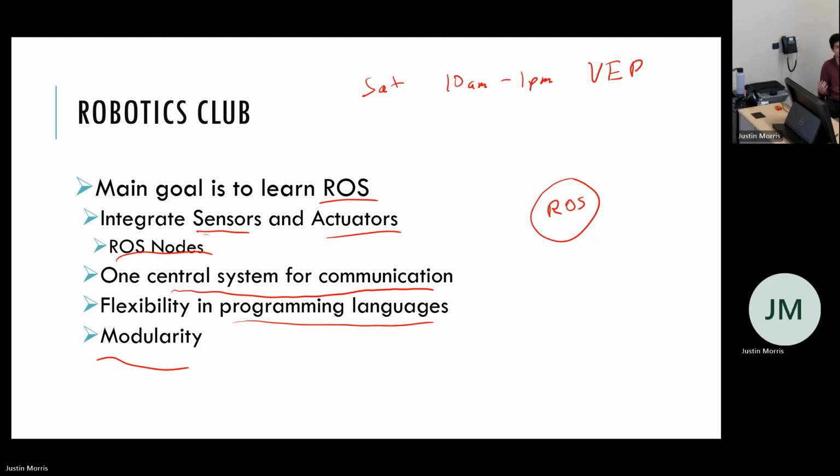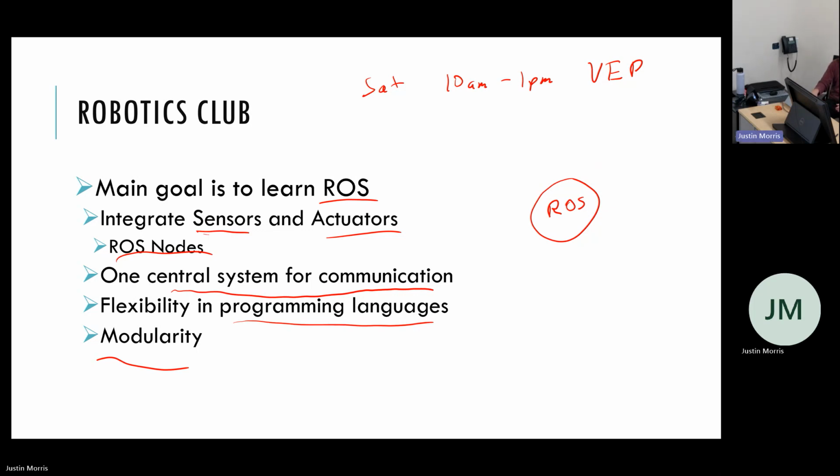Listeners are going to receive messages from publishers and then interact with the environment based on the information from the publishers. So we talked about sensors and actuators.